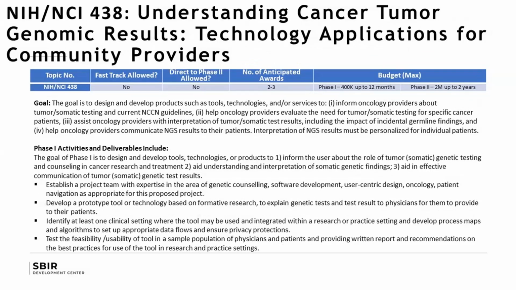Another issue from last year, 438, understanding cancer tumor genomic results, technology applications for community providers. Here, the goal is to develop tools and technologies for oncologists for them to understand the NGS results of their patients.